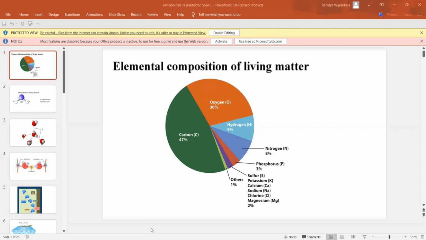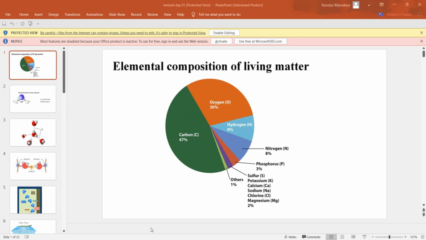Next one, 25 elements essential for humans, 17 elements essential for plants. Next point, 96% of living matter is composed of oxygen, carbon, hydrogen, and nitrogen.